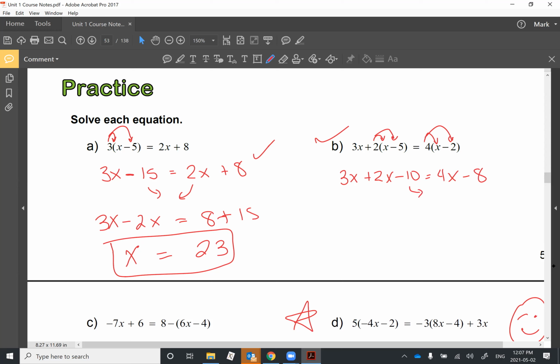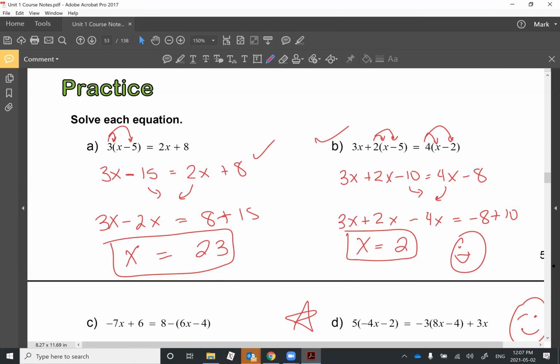I moved my x's and my numbers, but I picked the wrong ones. So 3x plus 2x minus 4x equals -8 plus 10. Okay, so this ends up just being x. You can do that on your calculator if you don't believe me. 3 plus 2 minus 4. 5 minus 4 is 2.